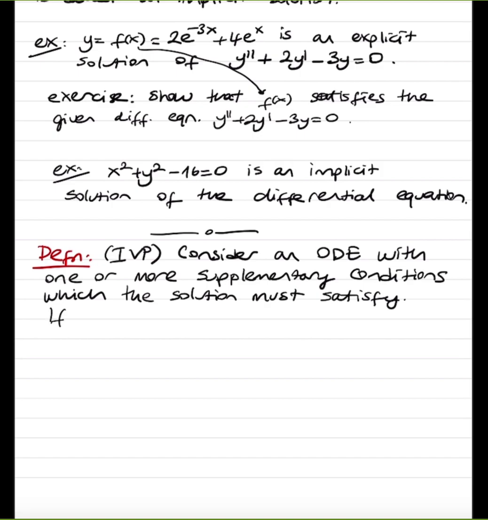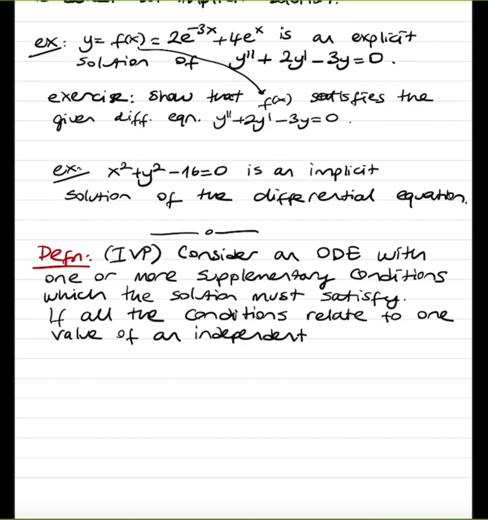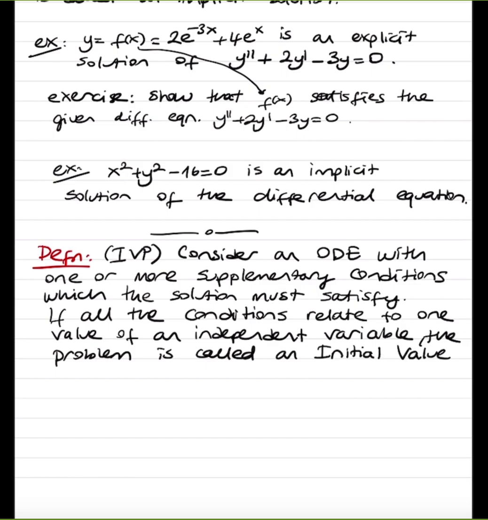If all the conditions relate to one value of an independent variable, then the problem is called an initial value problem, and we shortly write it as IVP.